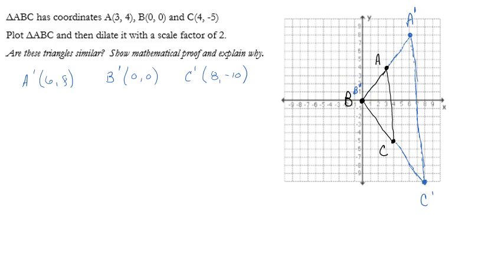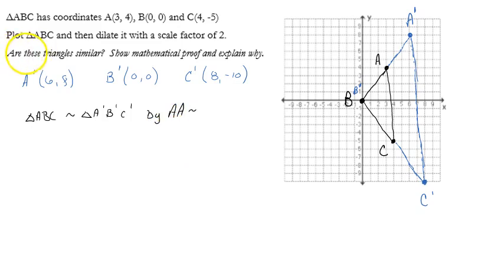And these are going to be similar, and we really have talked about just one major way to show or explain why they are similar, and that's angle-angle similarity. So we can go ahead right away and state that triangle ABC is similar to triangle A prime B prime C prime by angle-angle similarity.